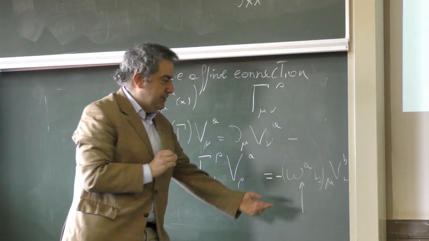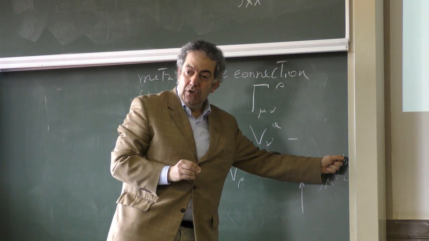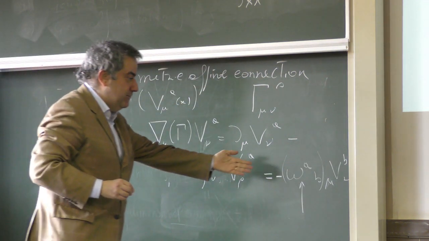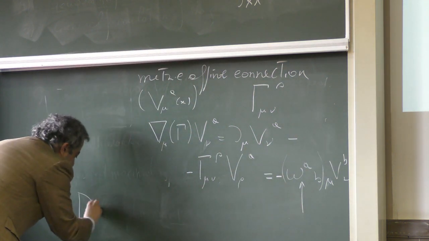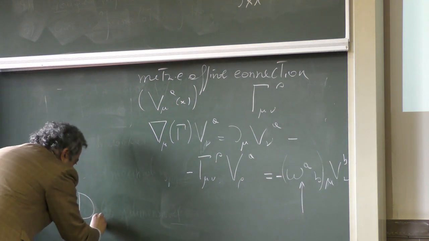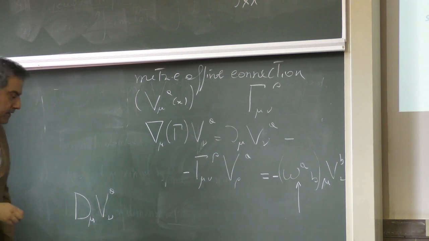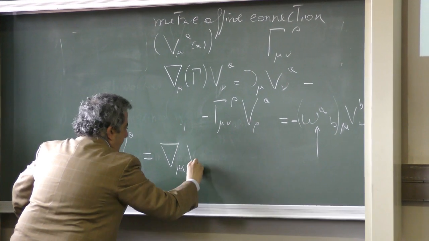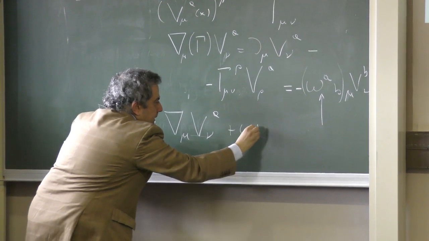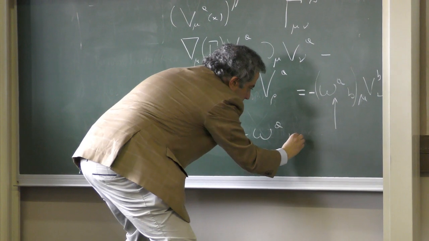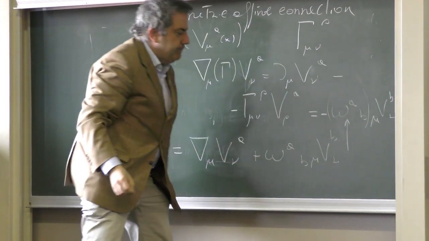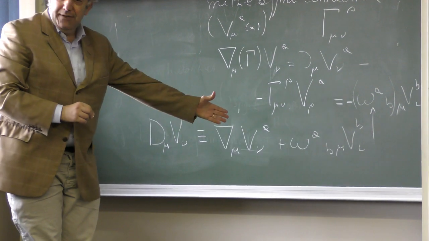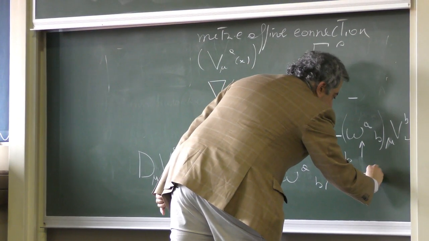This is our spin connection, and you see it's contracted with V through its second rigid index, so it acts on the second rigid index. So that we can define a full covariant derivative, D_mu V_nu^A, which is d_mu V_nu^A plus omega_mu^A|B V_nu^B. We define this like this. This is a definition. If we define the covariant derivative like this, then we see this is 0.